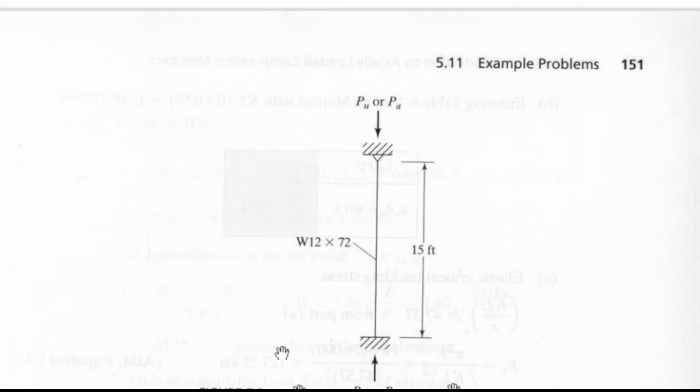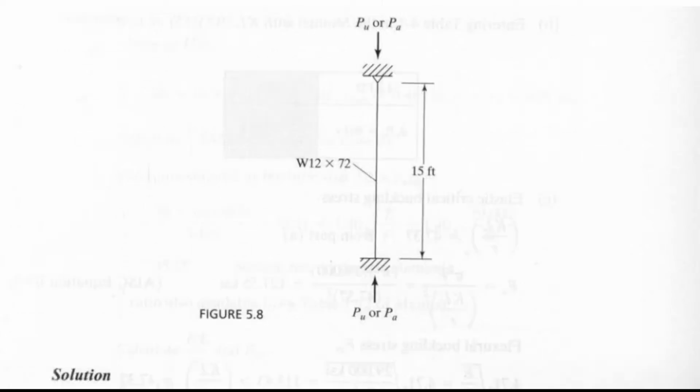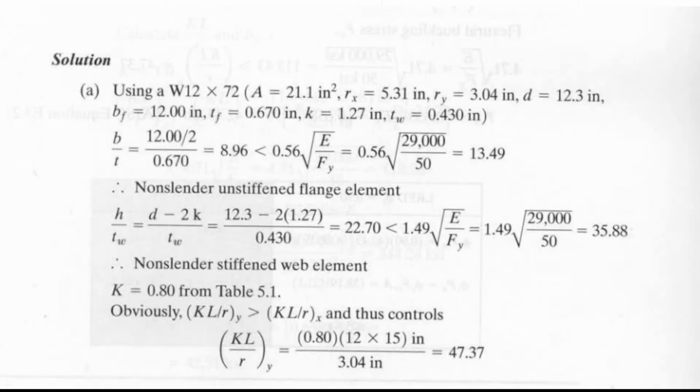So this is the given figure. Okay, given figure. Compressive force, section W12 by 72, 15 feet. So maybe this is a long column. Let us see if this is a long column. So W12 by 72. Take a look at the values.